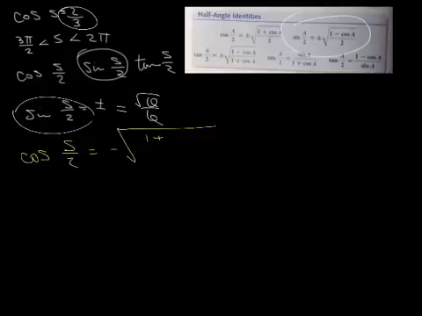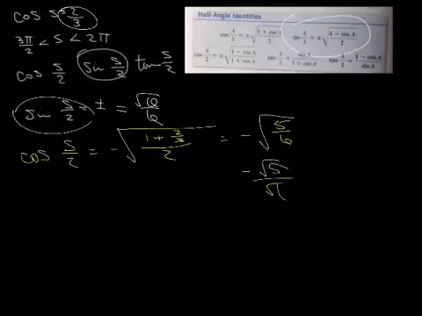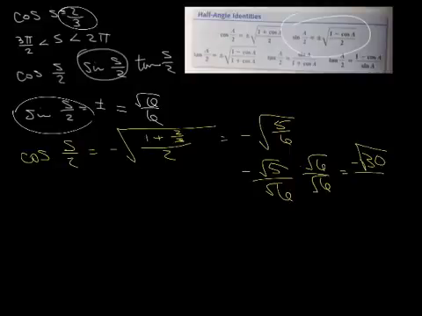I'm just going to put 2/3 over 2. And I do the math there, and I find out that this is negative square root of 5 over 6, which is the same as negative square root of 5 over square root of 6. Again, multiply to get rid of your radical signs, so I get negative square root of 30 over 6, and that ends up being my cosine.